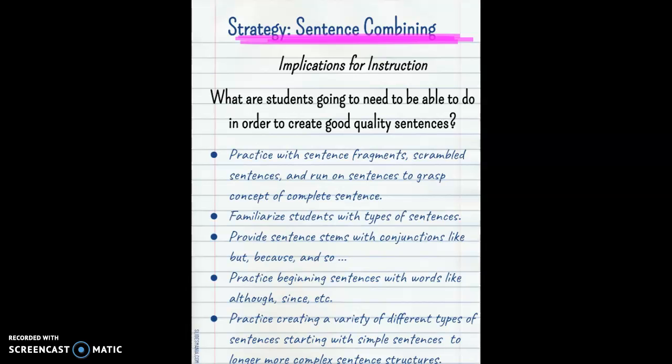Practice beginning sentences with words like although and since will familiarize students with syntax, give them practice extending responses, and both enhance reading comprehension. The last bullet, before practicing independently, it's important to model for students and then have them practice orally before having them practice it in writing.